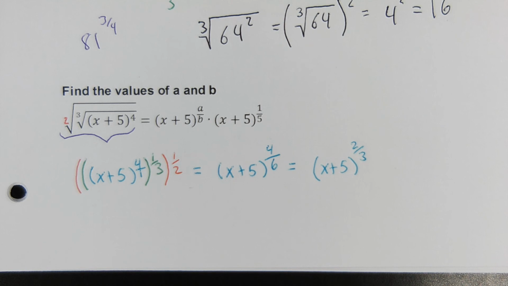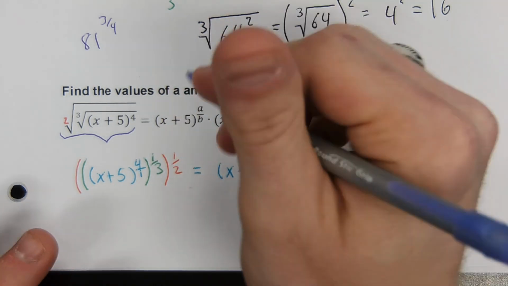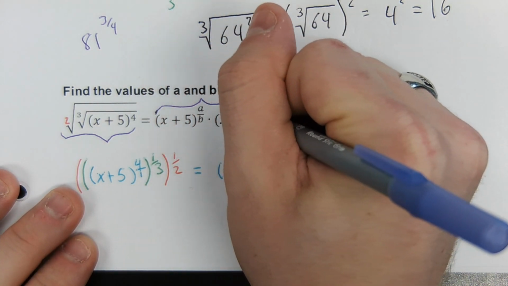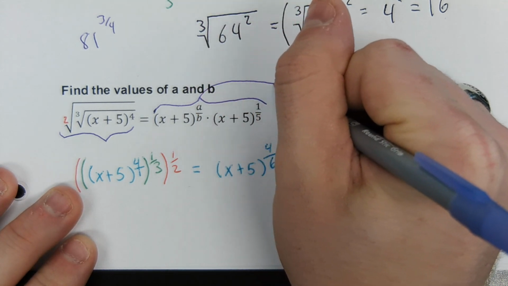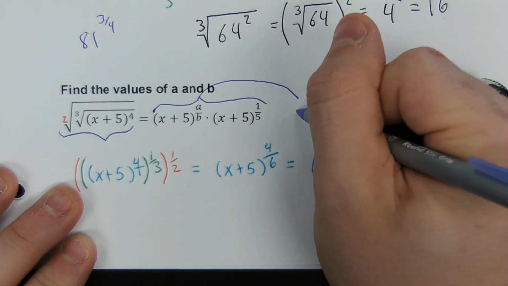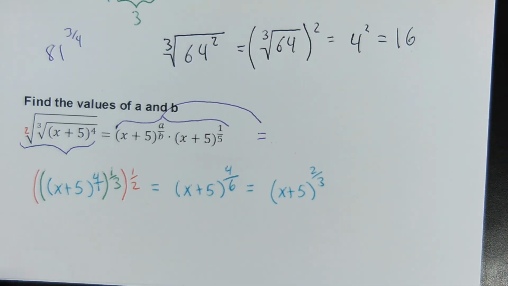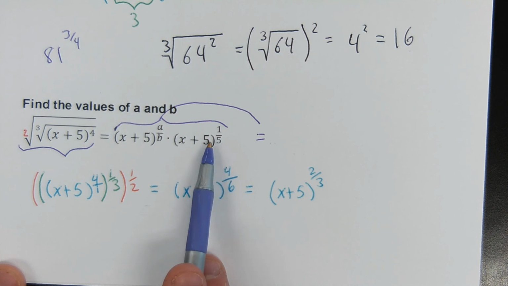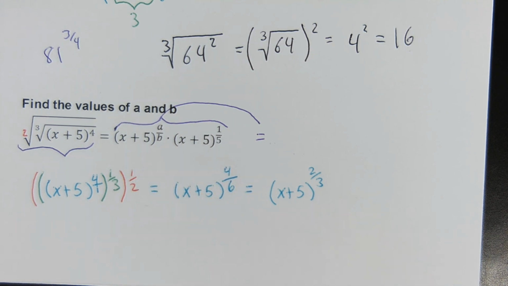Now what we need to do is figure out what the right side is. When we multiply two things with the same base, and the base is x plus 5, what do we do with their exponents? Algebra 1. When you multiply two things with the same base, what do you do with the exponents? You just add them.